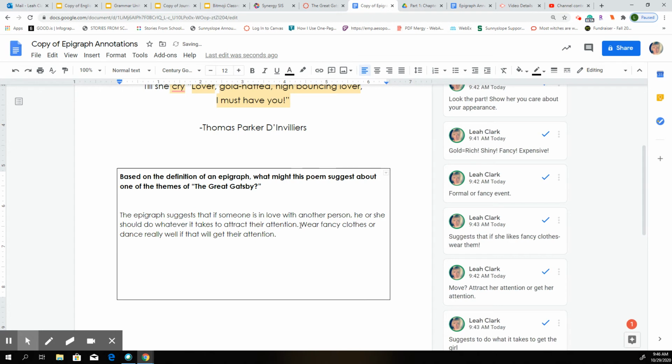I'm going to turn this into a phrase, you guys. By wearing fancy clothes or dancing really well, if that will get their attention. We think about theme.